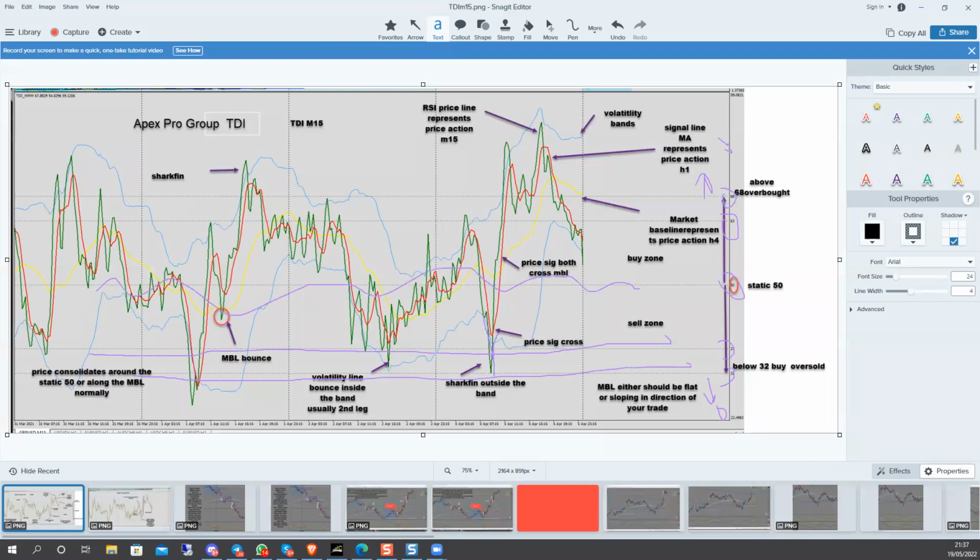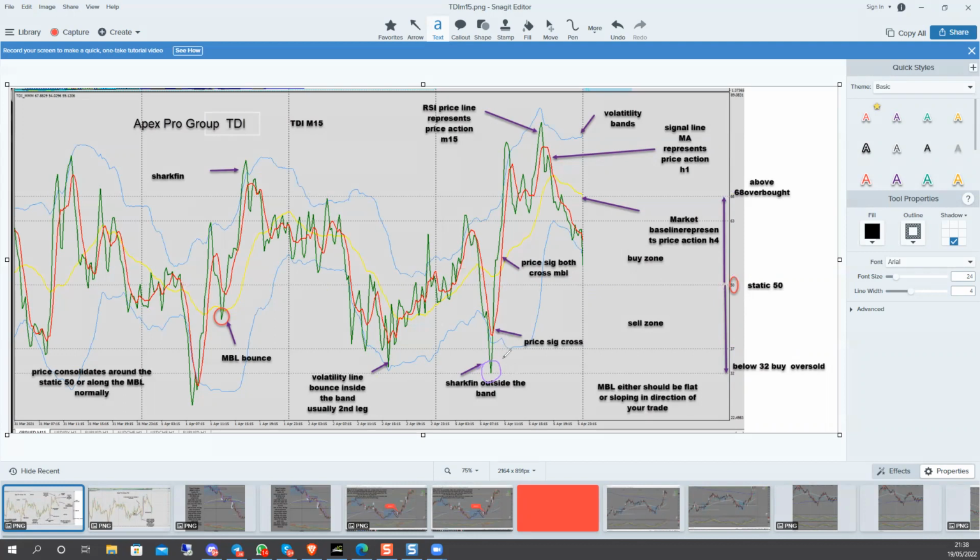If that happens below the 32 level, you're probably making a low of the day, possibly, because it's so oversold that a reversal could be due. Obviously these only take into consideration the close price.